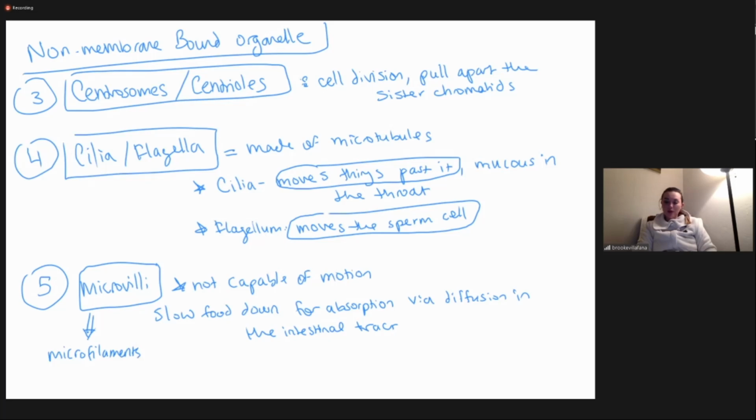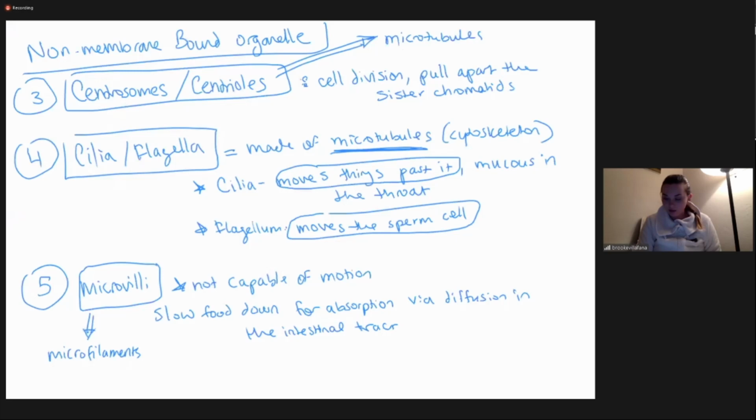Okay, so microtubules were an example of a cytoskeleton component, and they make the cilia and flagella. Cilia and flagella are non-membrane bound. Cytoskeleton was non-membrane bound. Centrosomes or centrioles were made by the microtubules as well, again an example of the cytoskeleton.